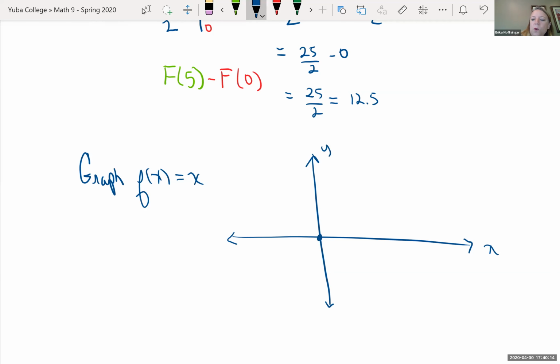When x is 1, y is 1. When x is 2, y is 2. I probably didn't give myself enough room. Okay, so we got a straight line there.